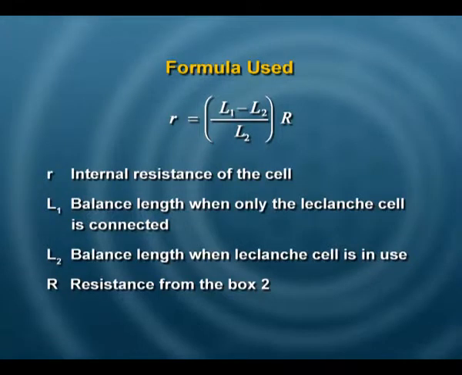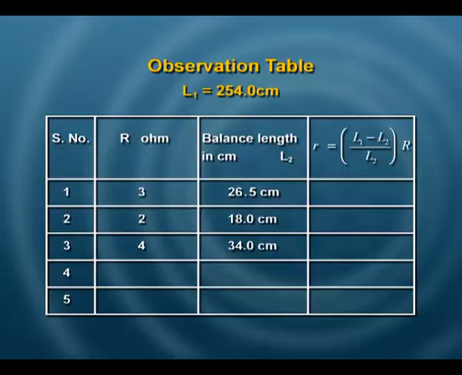The resistance of this cell is equal to L1 minus L2 upon L2 multiplied by R. This R value for each reading will be the one that you have taken out from the resistance box. So, you will get a set of values for internal resistance.